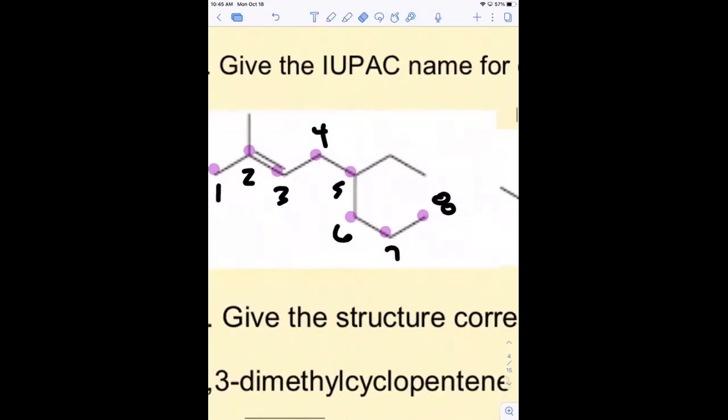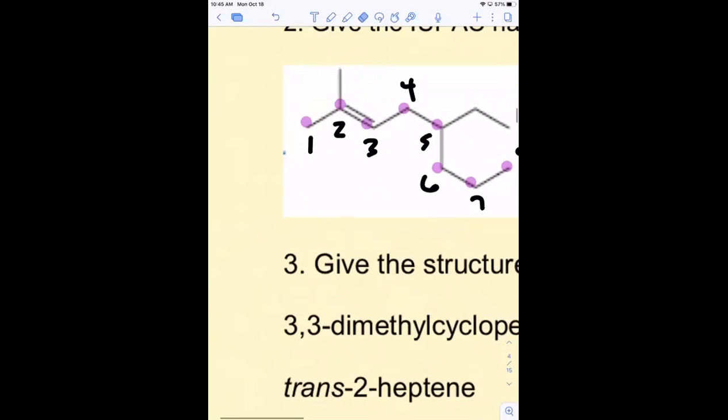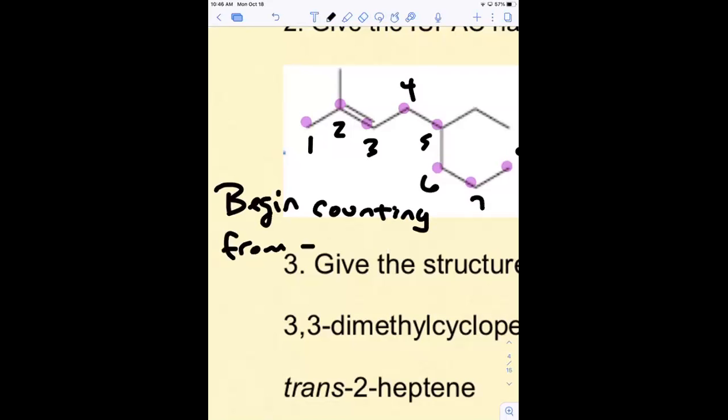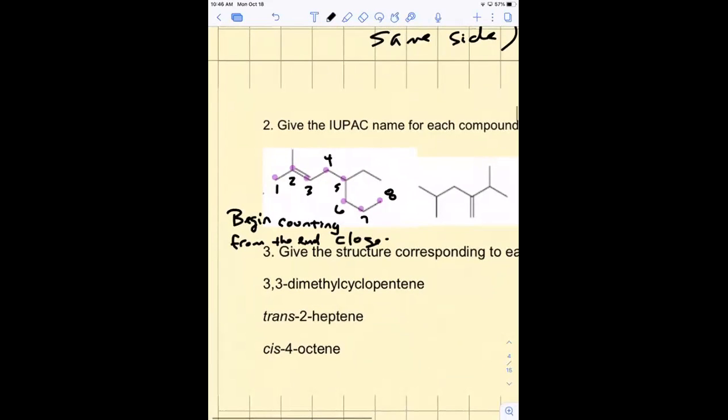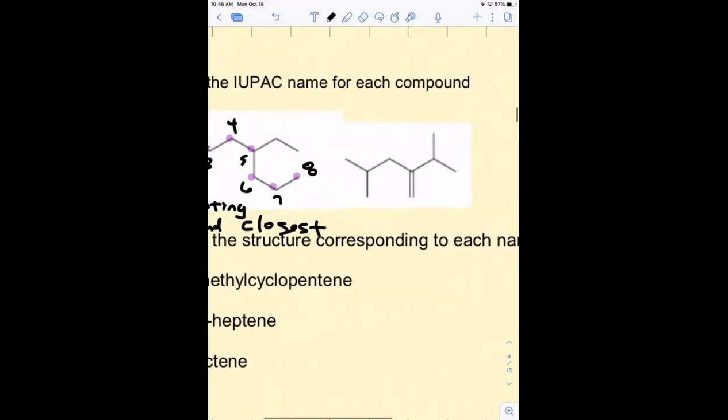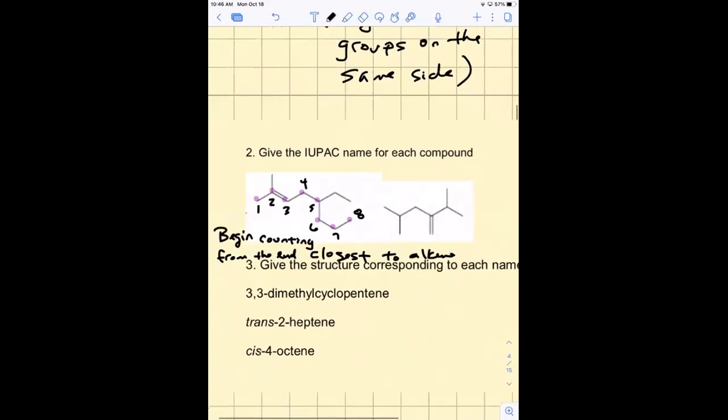All right, write that in here. So you want to start counting from the end closest to the alkene.